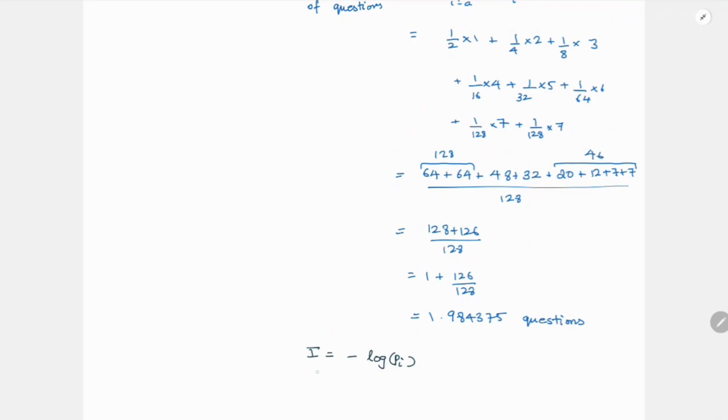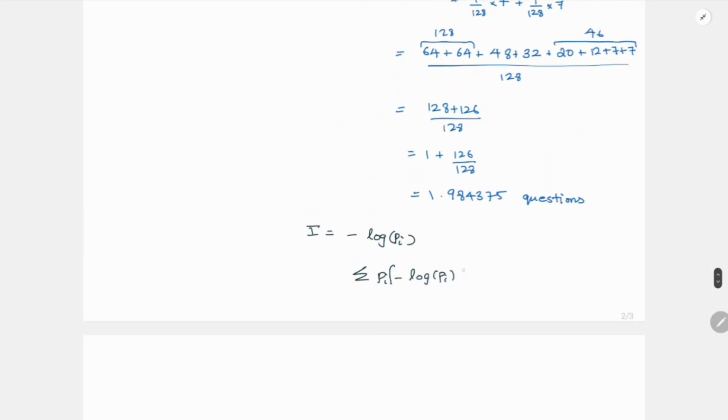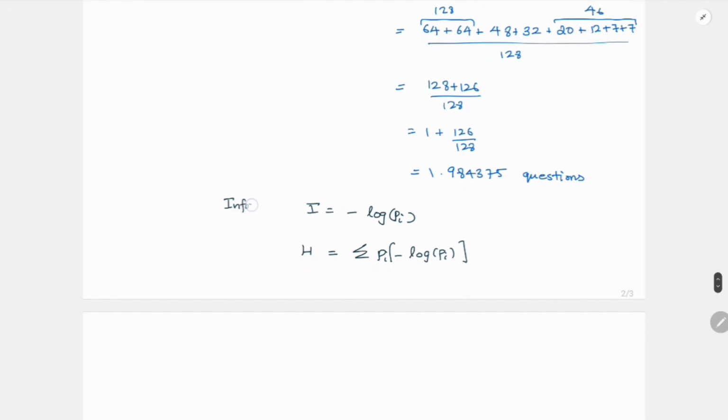And what is the average of them? The average of this is nothing but summation pi into minus log of pi. This is what we found. So this in information theory is called your entropy, H. So this is your information and this is your entropy.